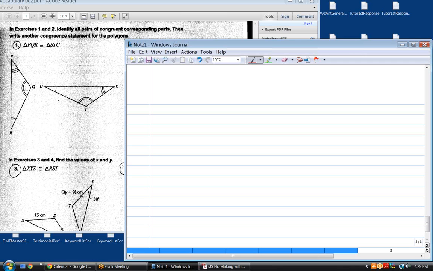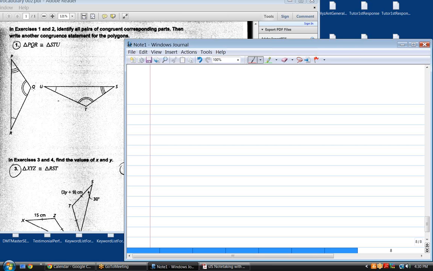Find an angle and find its opposite side. This is kind of a critical part of geometry, being able to do this little thing here. In other words, let's look at PR. Okay. PR is opposite angle Q. Do you see why? Yeah.